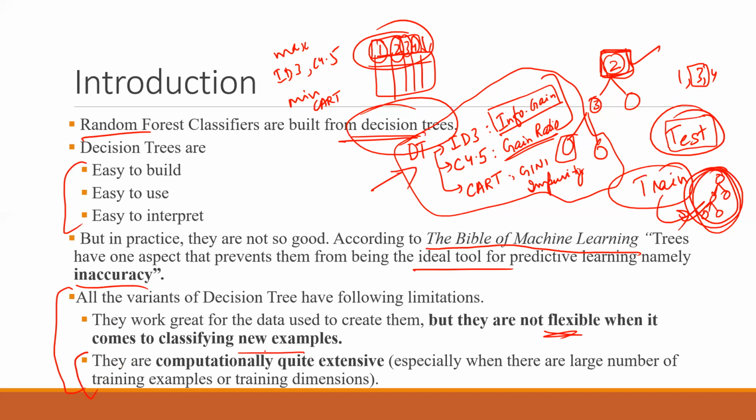They're also computationally quite expensive, because decision trees have a large number of training examples, and let's say there are maybe 1 million values, 1 million columns.